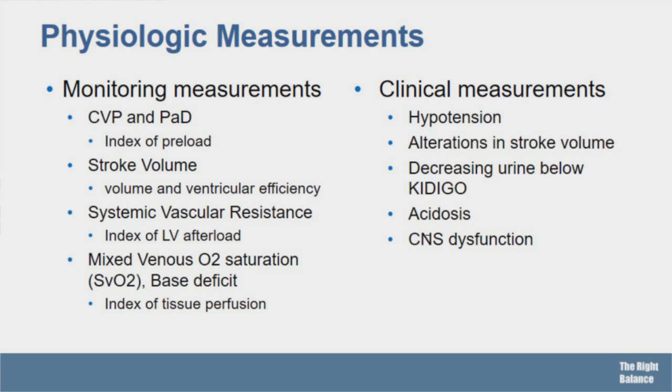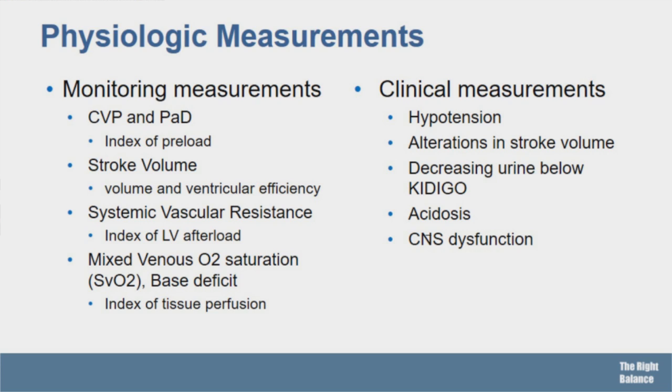In recent years, most of us have evolved to talking about stroke volume and reminding ourselves that we can measure stroke volume in a wide variety of ways. There are many different tools for measurement of stroke volume. But every critical patient deserves a measurement methodology for stroke volume, because stroke volume tells us about the efficiency of your ventricle and if your ventricle can actually accept volume and eject it.